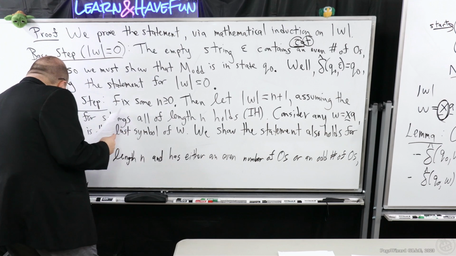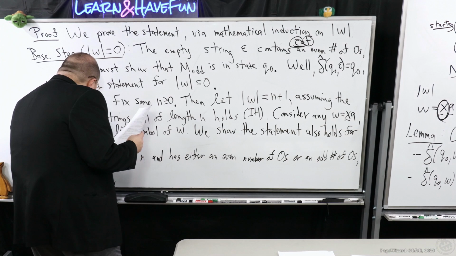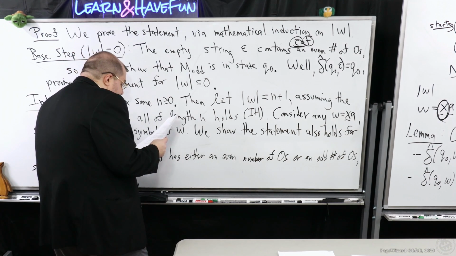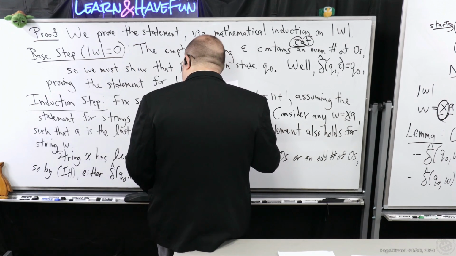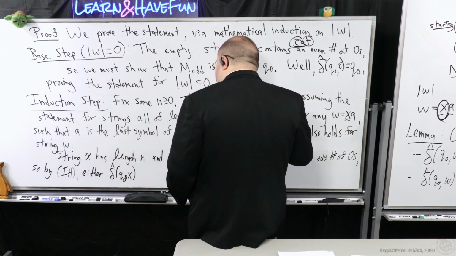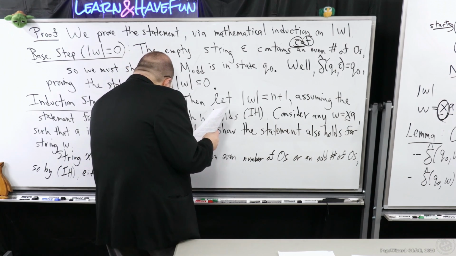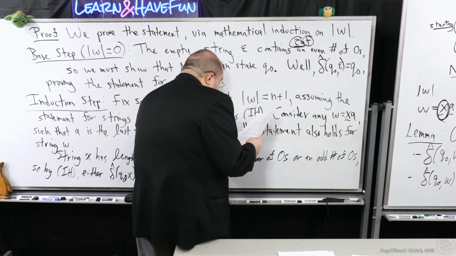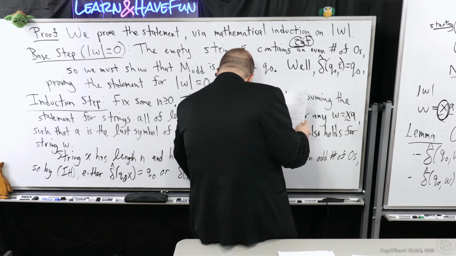So by the induction hypothesis, there's no other choices here for X, either delta hat of Q0, X, so this is processing X starting at Q0, there's a comma between Q0 and X there, if you're wondering, is equal to Q0, or delta hat of Q0, X is equal to Q1, respectively.